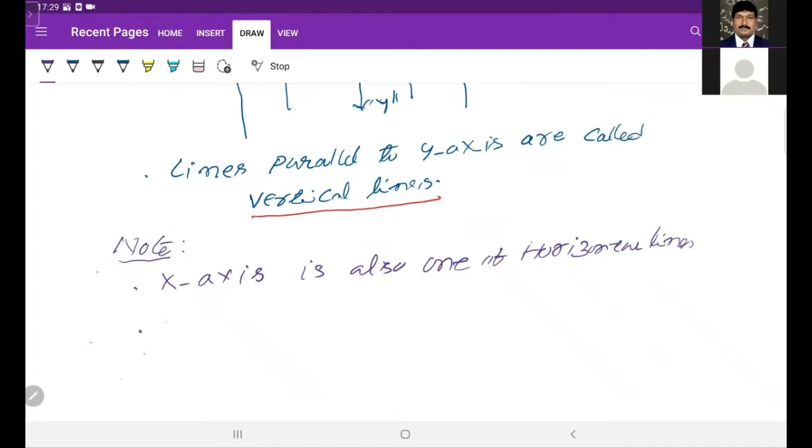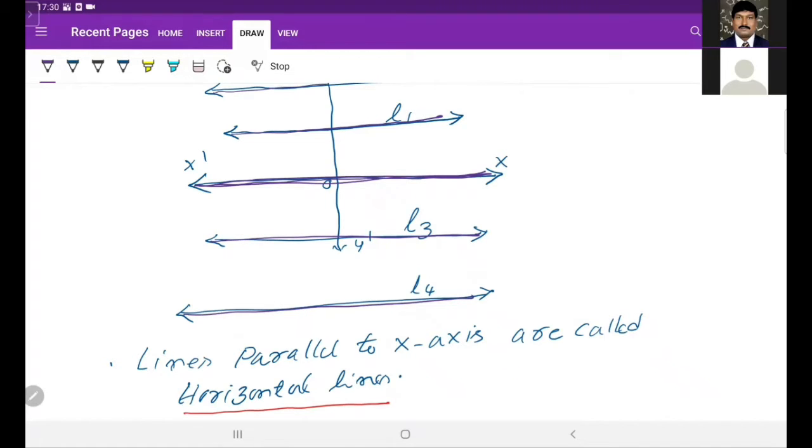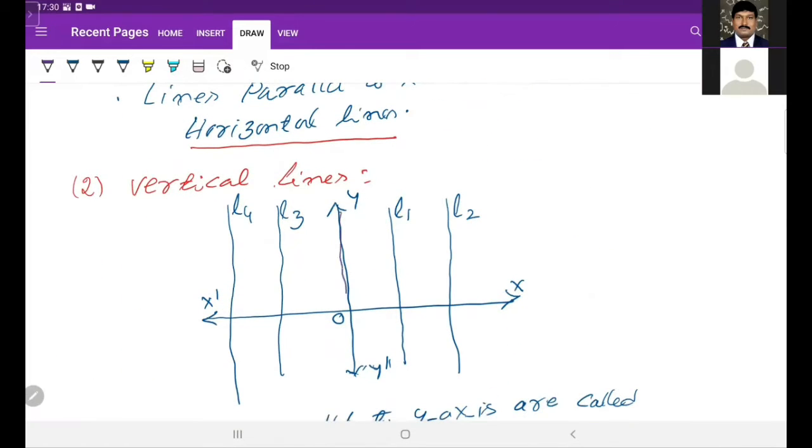Next, y-axis is also one of the vertical lines. Understand? Observe it is now. So here it is x-axis, it is also a horizontal line. Observe, x-axis is also one of the horizontal lines. Right. Next, y-axis is also one of the vertical lines. Okay. Right.